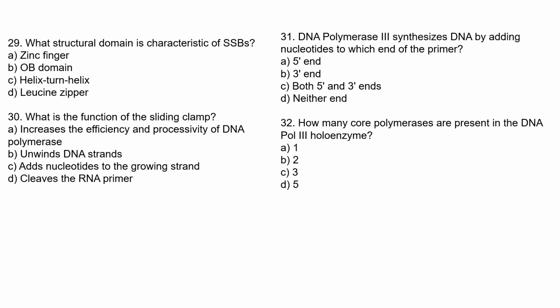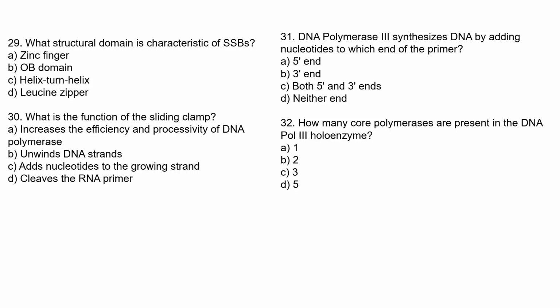Right. I think this is the second last question here. So how many core polymerases are present in the DNA pol3 holoenzyme? Do you remember that image that the professor had shown, where you have one attaching to the leading strand, another at the lagging, one in the middle that helps the cycling?